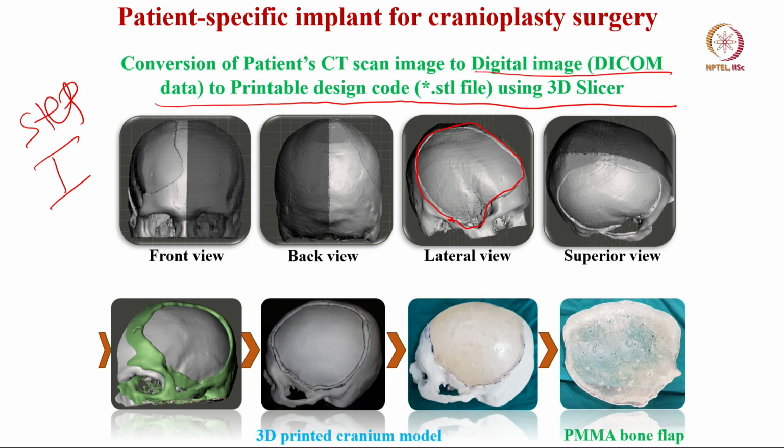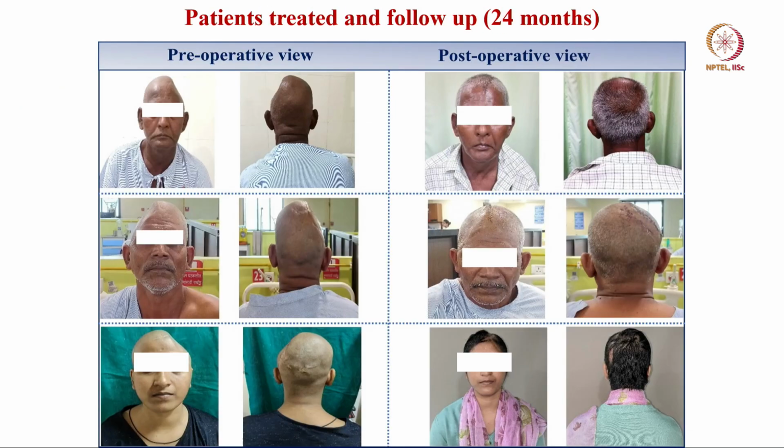Then, when you give the 3D printed cranium model, you get the PMMA bone flap. After you get it, clinicians intentionally make several holes randomly at different locations, which allows exchange of cerebrospinal fluid and other neurophysiological fluid components when it is placed as the implant.